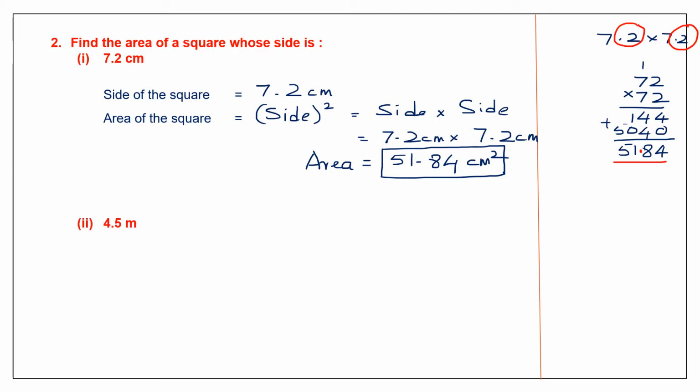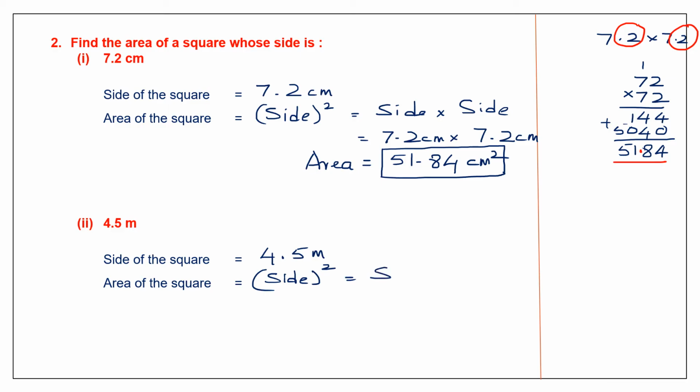Now the second question, here also the side has been given. It is 4.5 meters. So side of the square is 4.5 meters. Now let's find the area of the square with the formula area is equal to side square, which is side into side. So let's multiply 4.5 meters into 4.5 meters.